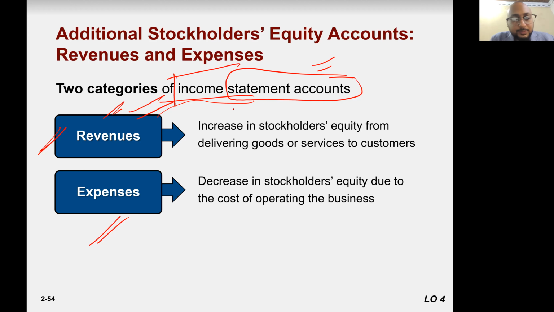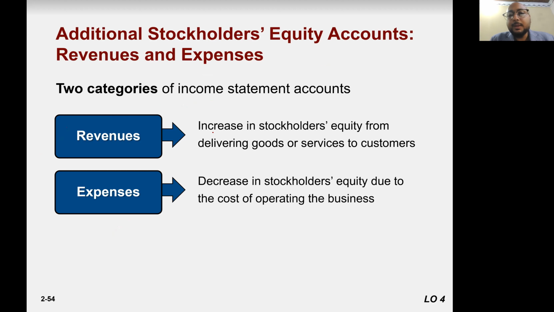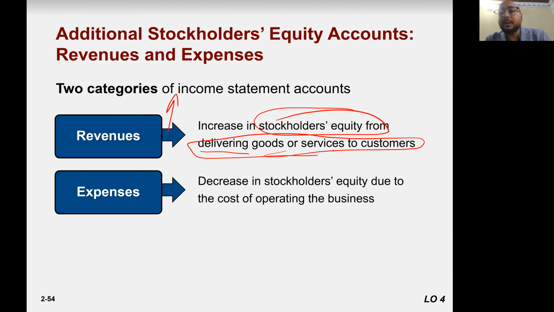So for revenue accounts, no doubt the basic philosophy, the logic, is the same. If revenue increases, it increases shareholder equity, right? So remember the revenue definition: it comes from delivering goods and services to the customer. For example, if you are a bank, you are providing banking services, and you sold the office chairs.